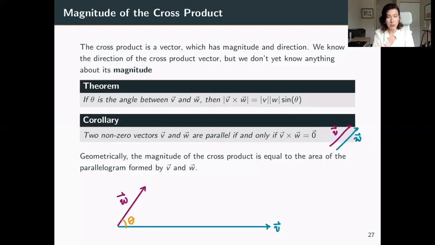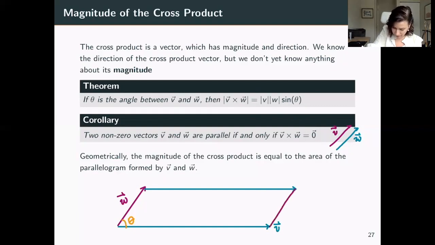From this drawing, I can form a parallelogram by taking vector v and attaching it at the terminal point of vector w, and then connecting in the same way the terminal point of v to the terminal point of the v up at the top, giving me that other vector w, resulting in a parallelogram.